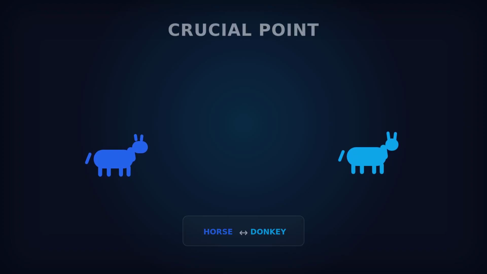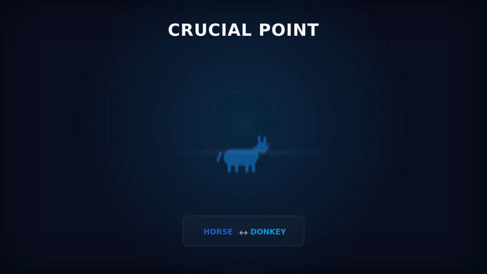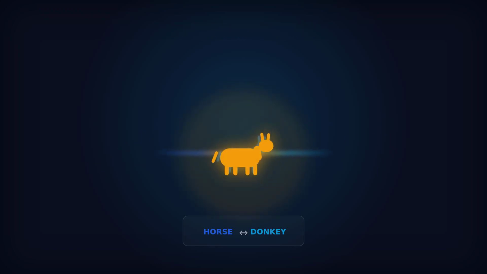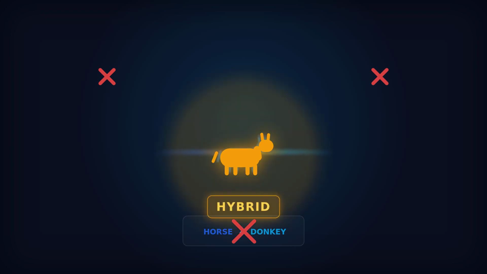But here is the crucial point. The mule isn't flipping back and forth between being a horse and a donkey. It doesn't spend 50% of its time as one and 50% as the other. It is always a mule. The mule is a hybrid. It is a single, stable animal that has characteristics of both parents simultaneously.